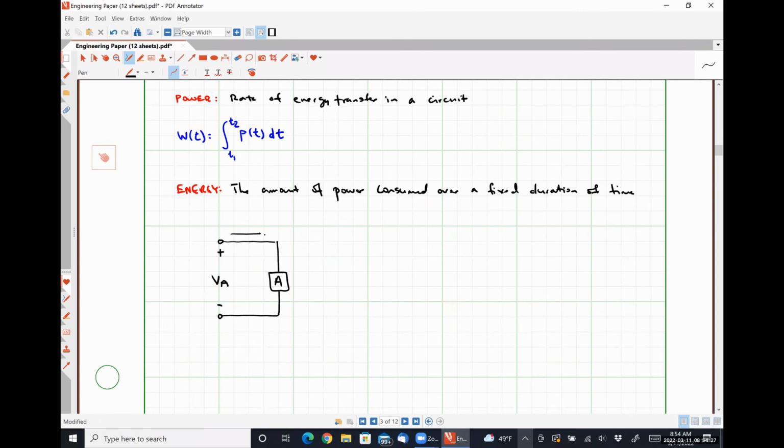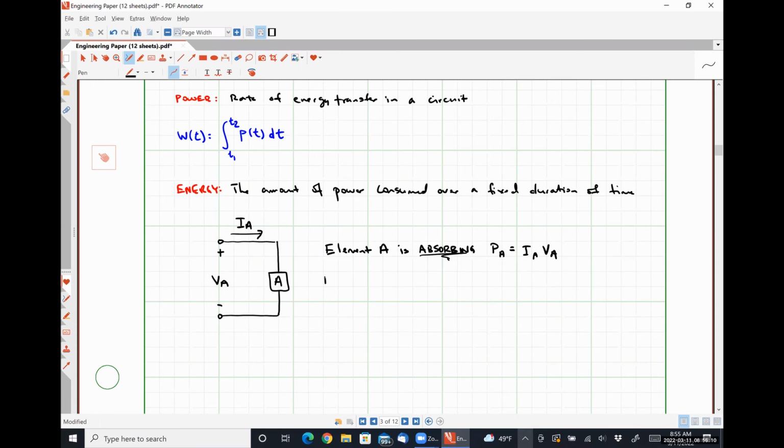If a current IA flows into the positive polarity terminal and out of the negative polarity terminal, we say that element A is absorbing PA equal to IA times VA amount of power.